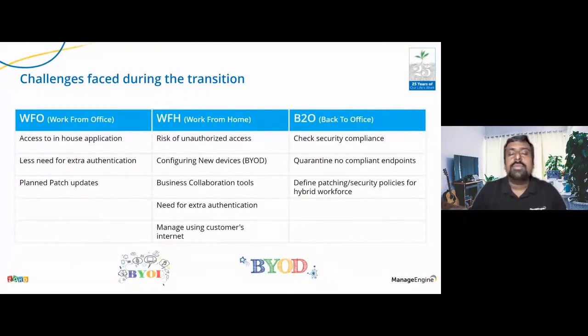But in a work from anywhere culture, that's not the case. Even if a legitimate username and password comes in as a request, you will never know whether it's through a malicious tool or the actual genuine request from the user. Therefore, you enforce an extra layer of authentication. That's where multi-factor authentication comes into the picture, an additional level of security.